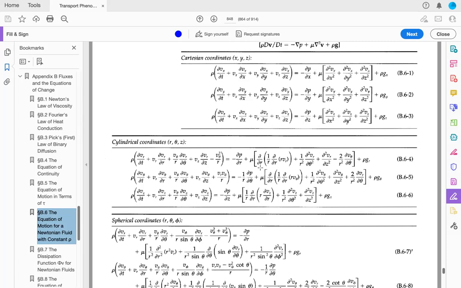The first one is rho g_r, so rho with g in the r direction. This one, g_theta, is in the theta direction. This one is in the z direction, so we're looking at the z direction.